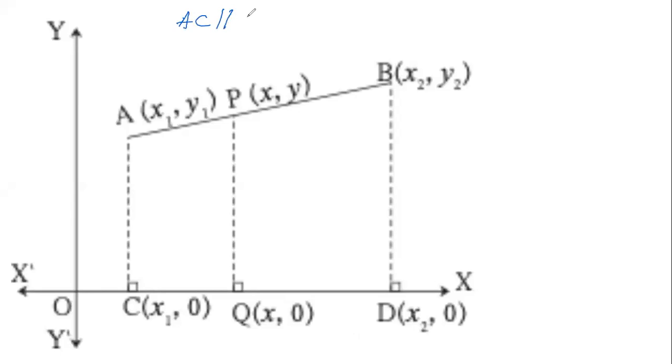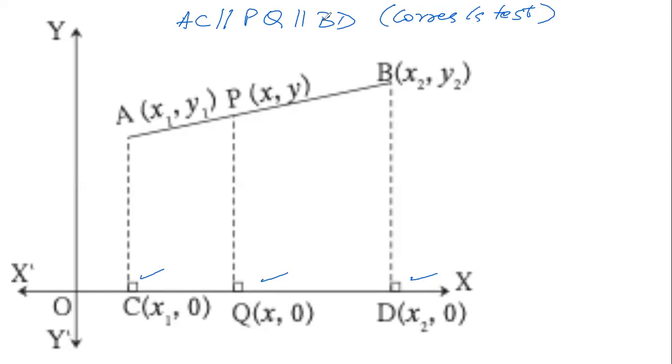AC is parallel to PQ is parallel to BD. Why, you will ask? 90 degree, 90 degree, 90 degree. Corresponding angles. So AC is parallel to PQ is parallel to BD.